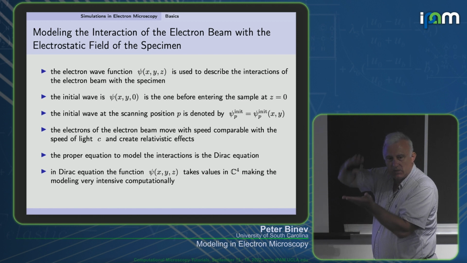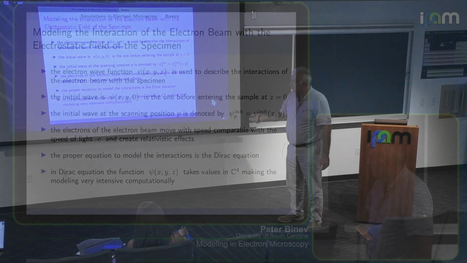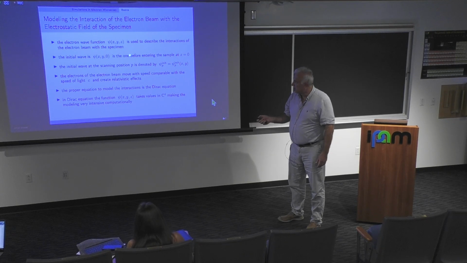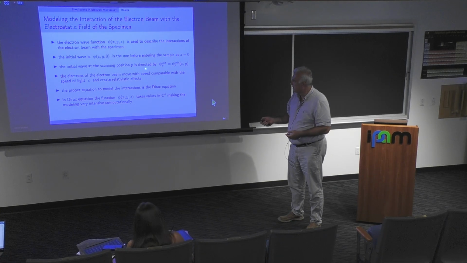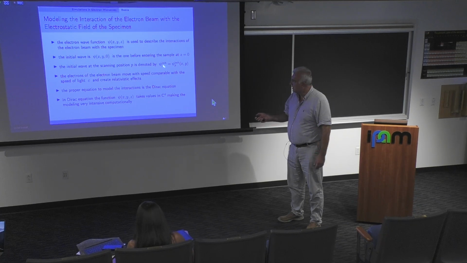We consider flat two-dimensional electron waves in x, y. So we have the initial wave at z equal to 0, on the entrance of the material, and we consider different waves for different positions, because, as I said, we have several positions in the scanning. For this we have these initial functions.